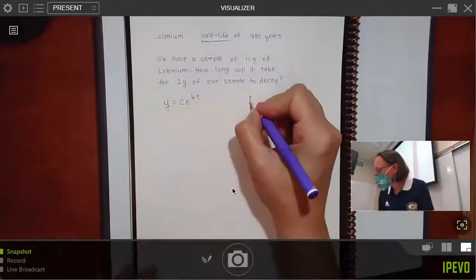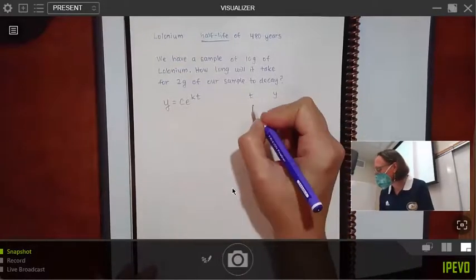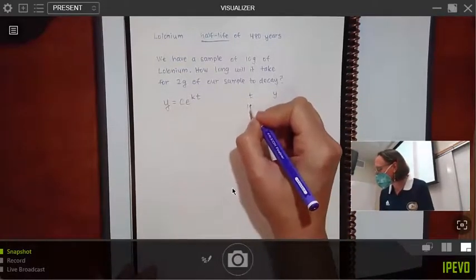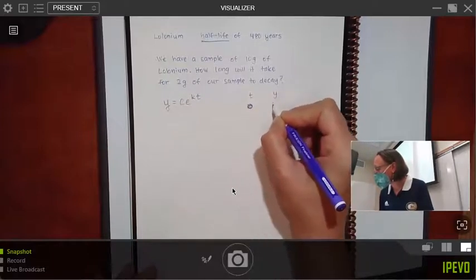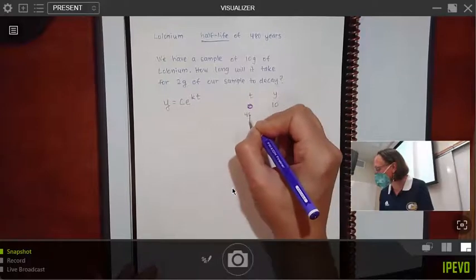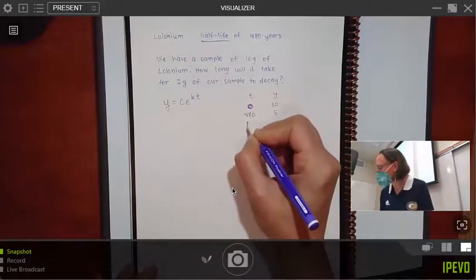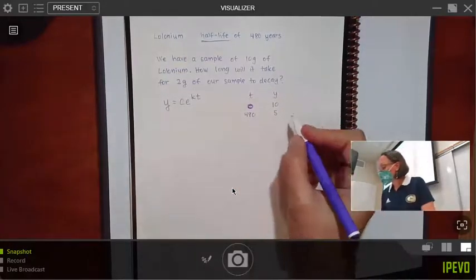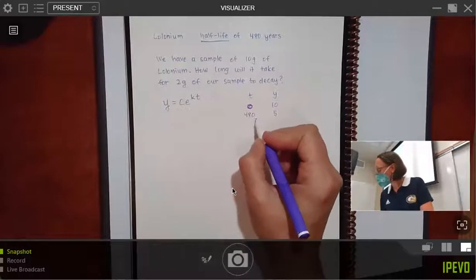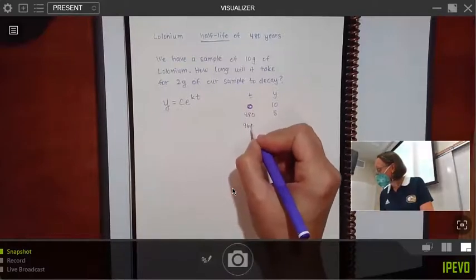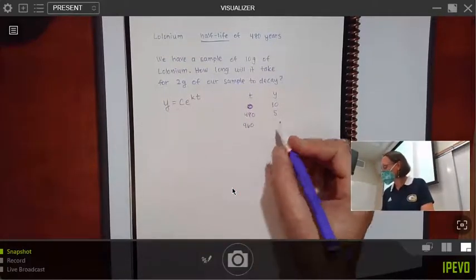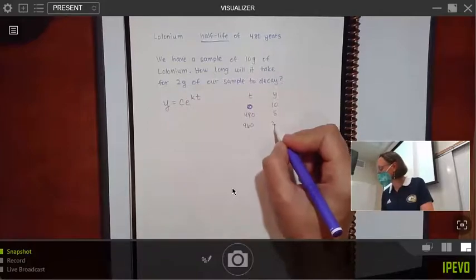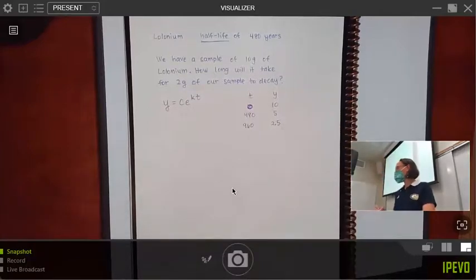So if I think about the time and the y value, right now we're at 10 grams, and in 480 years, we'd be at 5 grams. And why did I give myself 480? Okay, 480 times 2 is 960. So in 960 years, I'd be down to 2.5 grams.